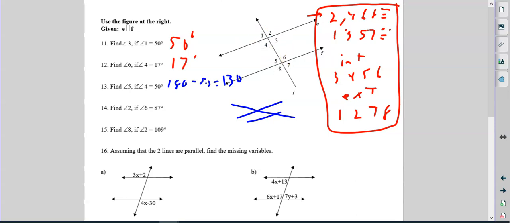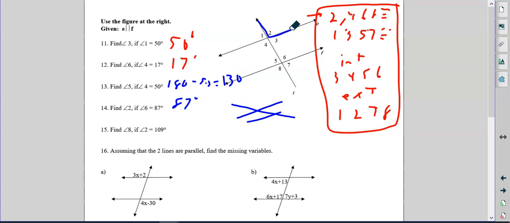All right. If angle 6, which we think is probably slightly obtuse, but we are saying it's 87, find angle 2. Well, we already made our list, but angle 2 is corresponding, so therefore it's the same, so it's 87 also. And then find angle 8 if angle 2 is 109. Okay? Well, angle 2 is one of the obtuse ones.